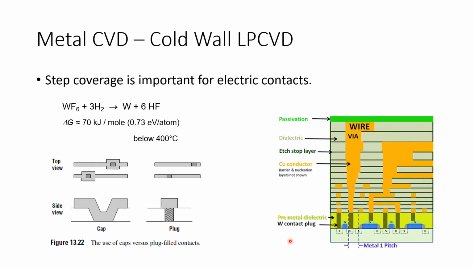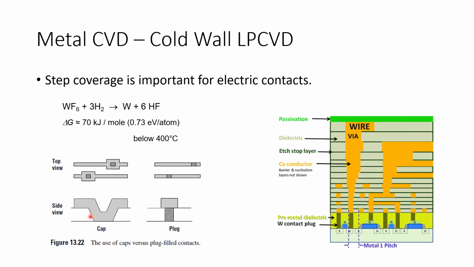In the early days we used a sputtering process to deposit metal contact or metal interconnection. And the problem with the sputtering process is that the step coverage is a big problem. So in order to make a good coverage, we need to taper the sidewall, like here.